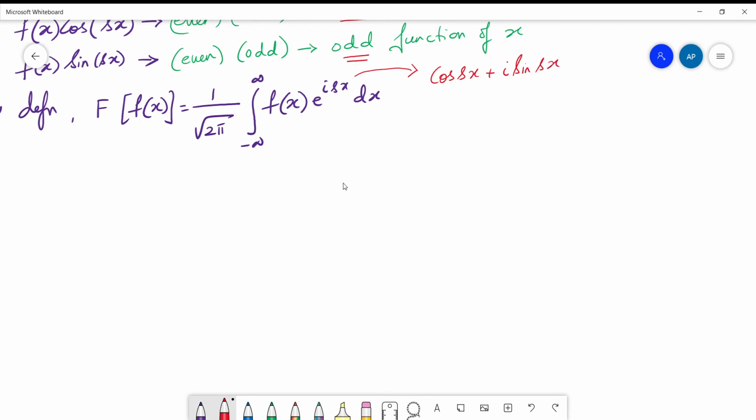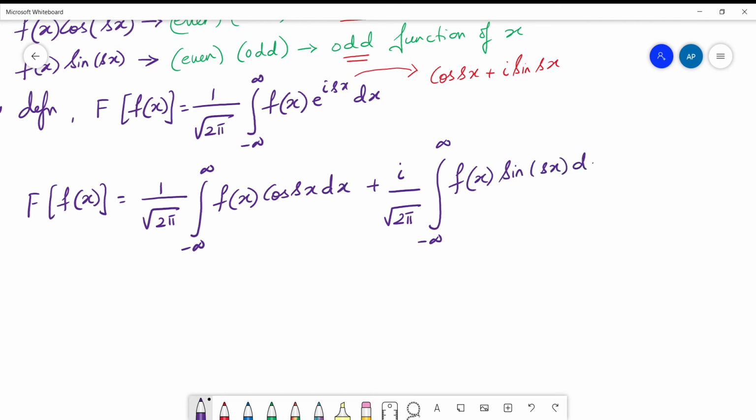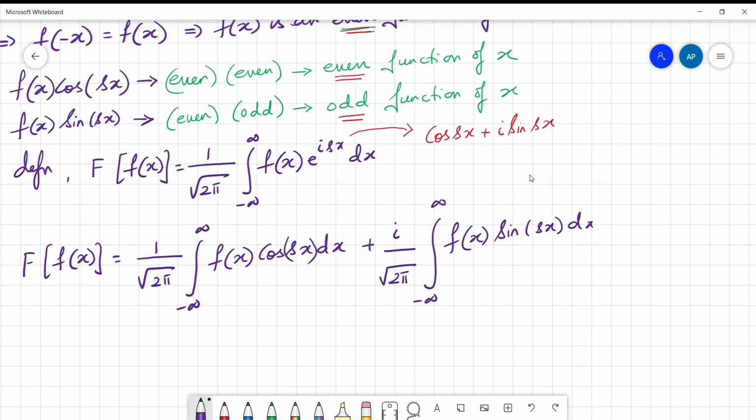Therefore, the Fourier transform of f of x is equal to 1 by root 2 pi integral minus to plus infinity f of x into cos sx dx, that's my first integral, plus i by root 2 pi integral minus to plus infinity f of x into sin sx dx. We have not substituted for f of x nor the limits. We simply expanded e power isx and split it into two integrals.